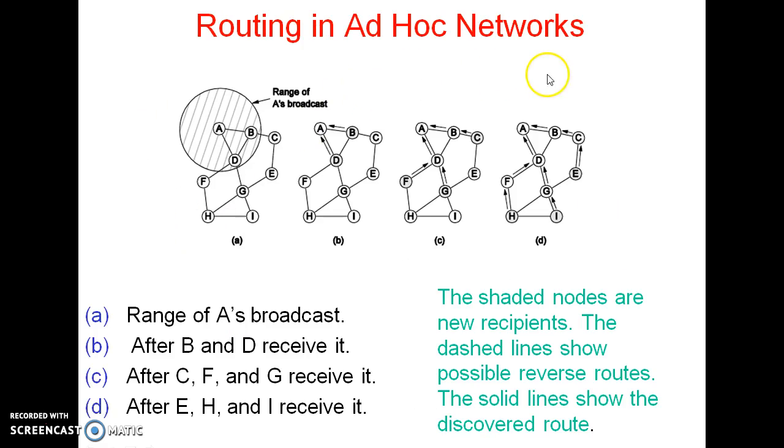Next is the routing in ad hoc networks. Range of A: C, E broadcast; after B and D receive it, after C, F and G receive it, after E, H and I receive it. Here the shaded nodes are new recipients, the dashed lines show possible reverse routes, the solid line shows the discovered route.